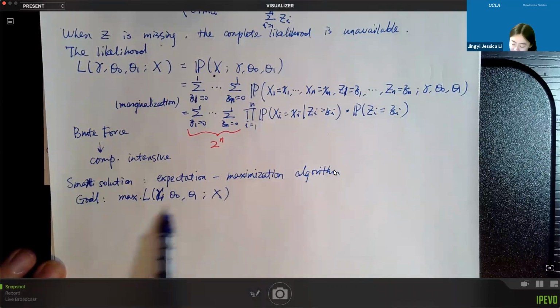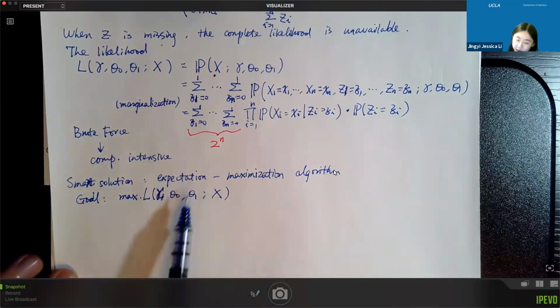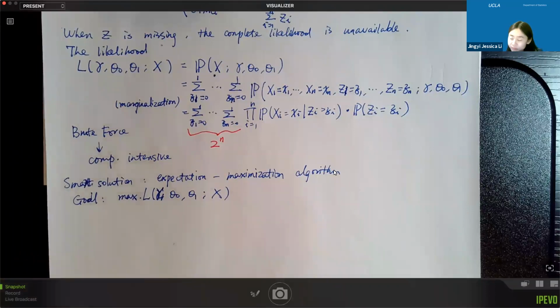Once we obtain that expectation, we maximize it to update our parameter values in the maximization step. Then, given the current parameter values, we calculate the expectation of the complete likelihood with respect to Z again. And given that new expectation, we maximize it again to update the parameter values. We do that iteratively until convergence, until our parameter values no longer change.